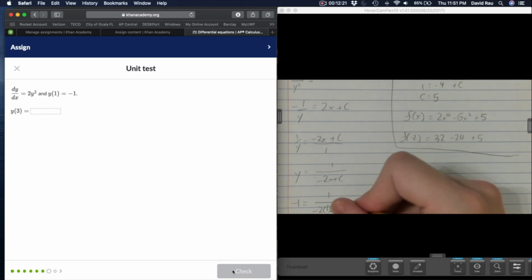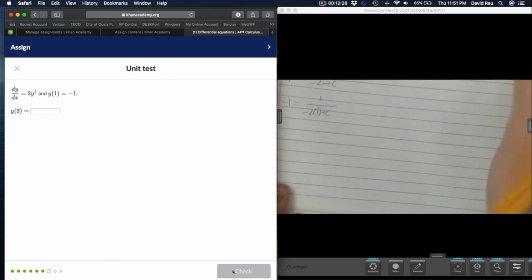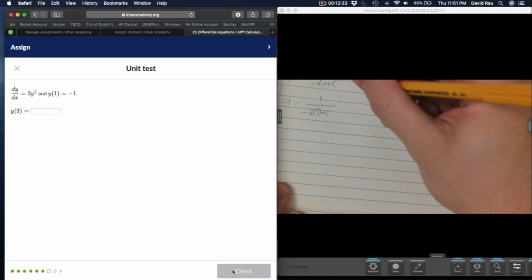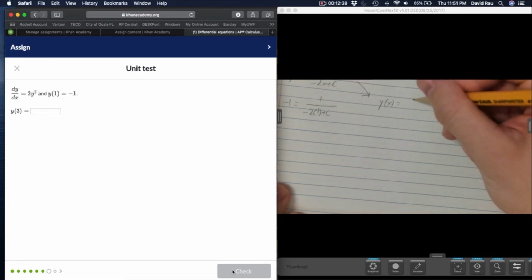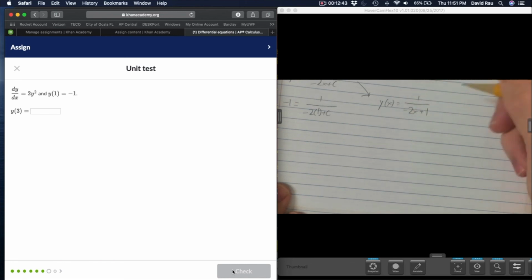So in other words, this denominator just needs to be negative 1, and so I'm going to kind of skip that. Hopefully you see how that works itself out. It means c is positive 1. So now I know in general that y of x is 1 over negative 2x plus 1.